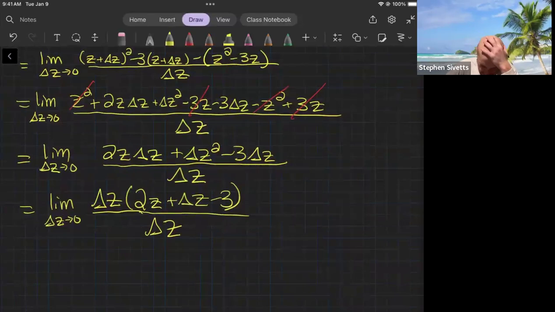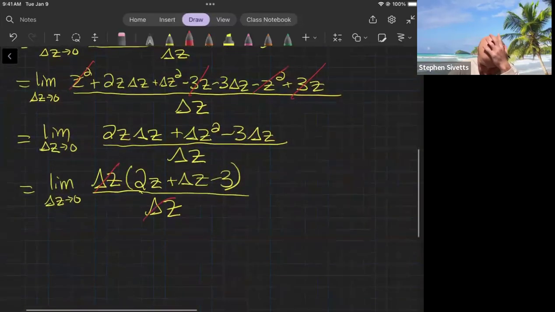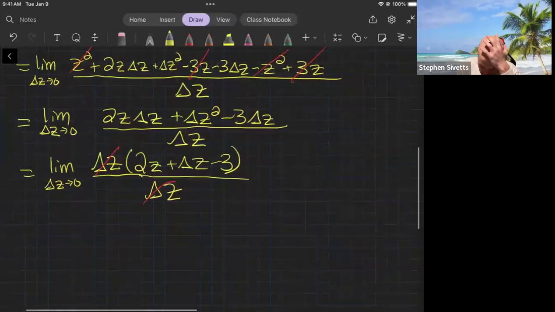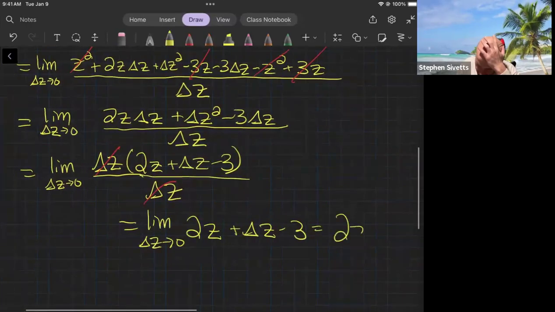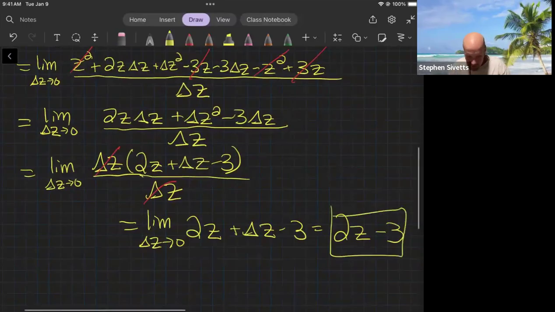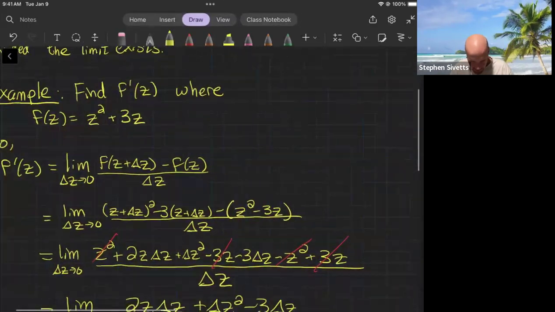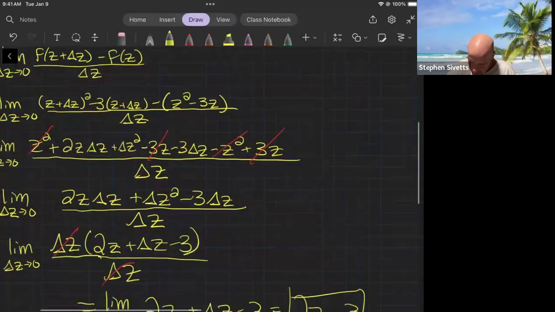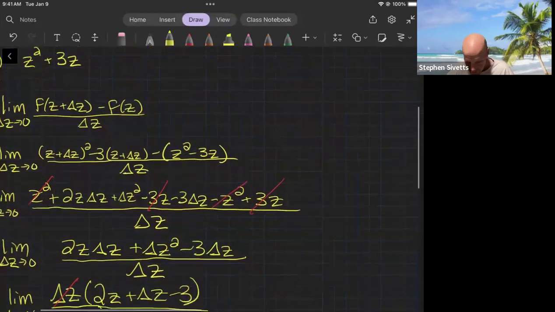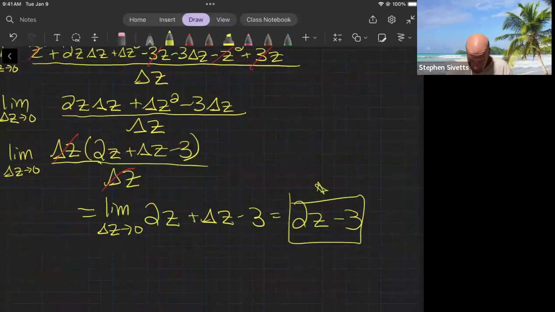The delta z's cancel from the top and the bottom, and this equals the limit as delta z goes to 0 of 2z plus delta z minus 3, which equals 2z minus 3. Exactly what we would expect, based on the power rule from Calc 1.